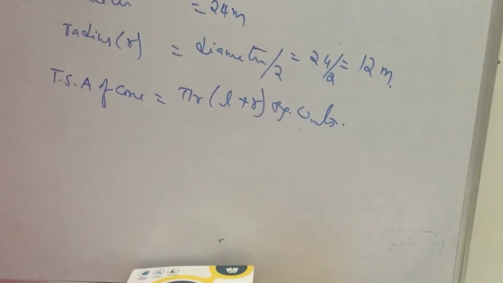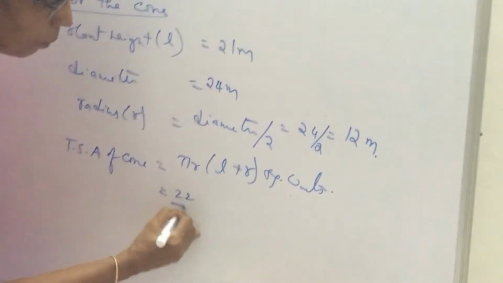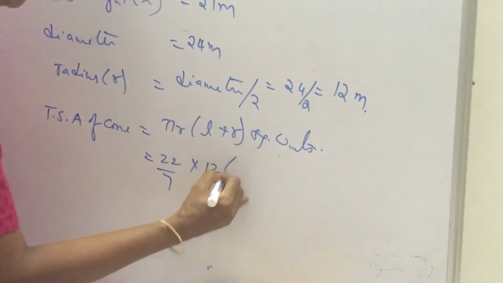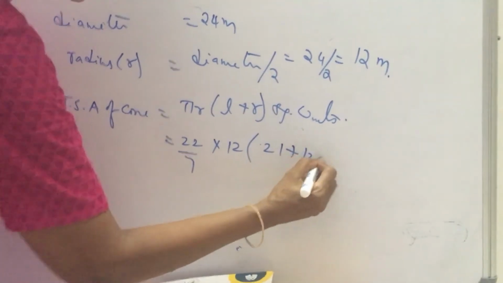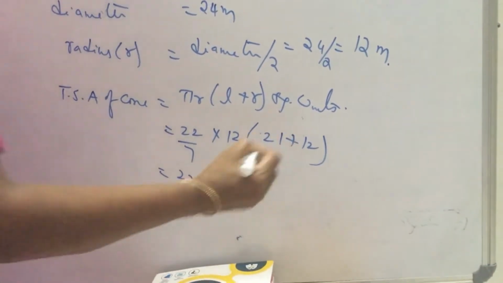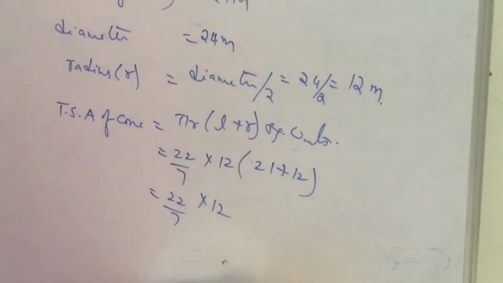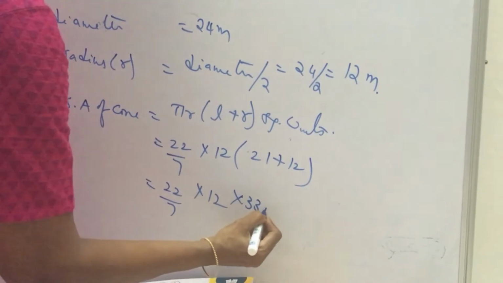For CSA, pi r l. For TSA, pi r into l plus r. 12 into l is how much? 21 plus 12. 22 by 7 into 12. The radius is 12. 21 plus 12 is 33 meters square.